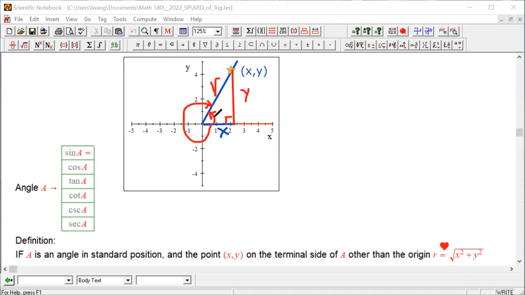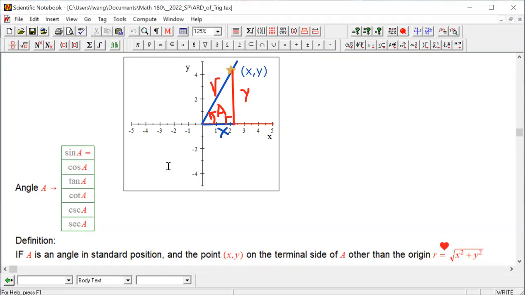Suppose we choose one of these angles and measure it, and that's angle A. You can see the input for the function is the angle, and on the terminal side of this angle we pick arbitrarily a point x, y.